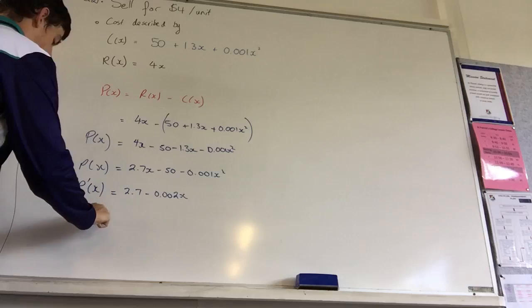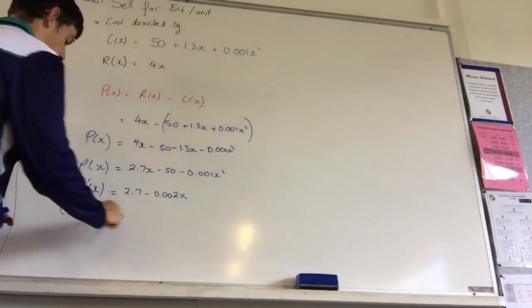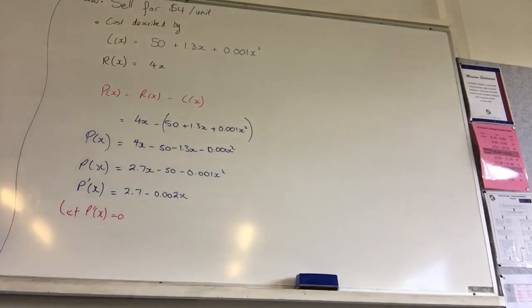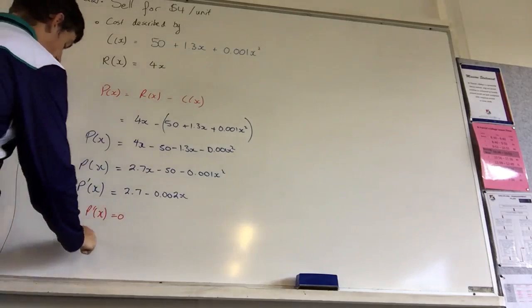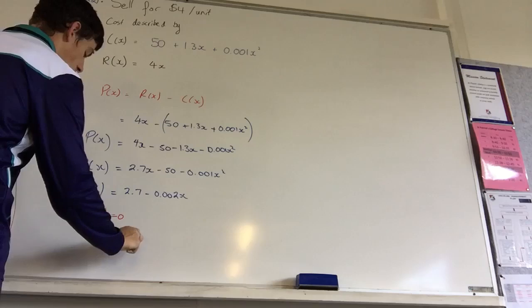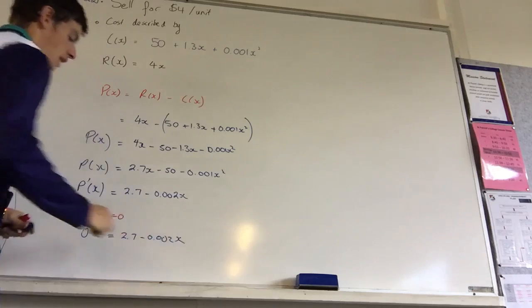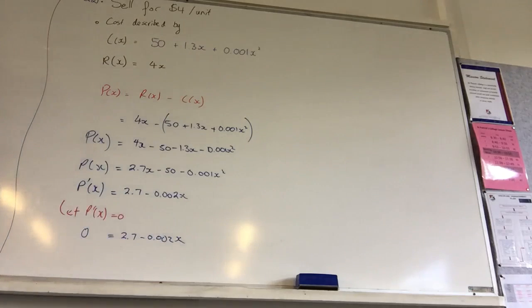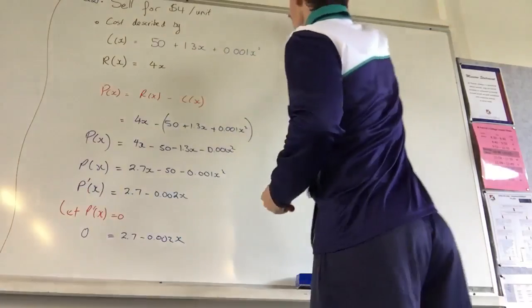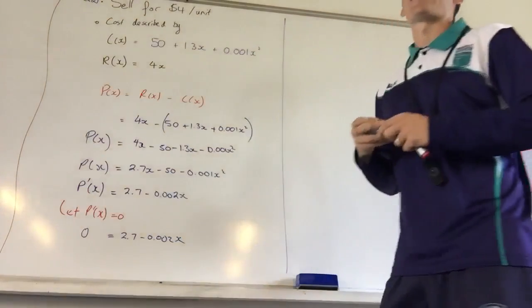Let P'(x) equal 0. Once I've done that, then I can double derive it. But let's find my point first. 0 equals 2.7 minus 0.002x. What should I do here? Chuck it on your calculator.